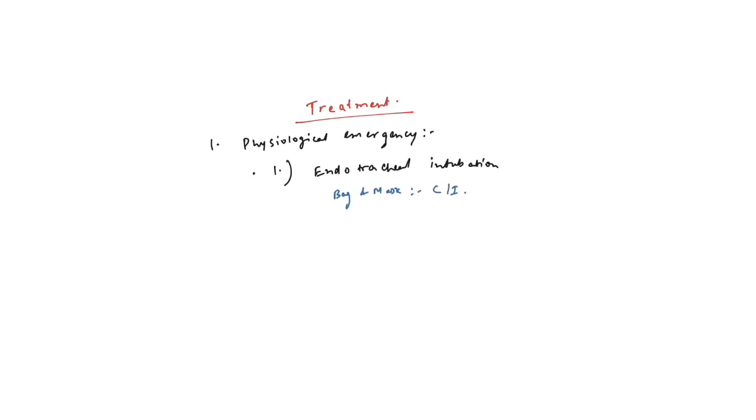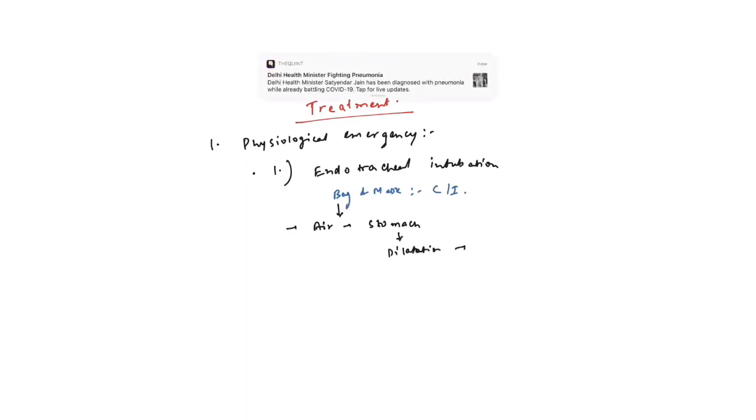Because if you do bag and mask ventilation, air will go into the stomach, because it is the pathway of least resistance, and further dilatation of the stomach will lead to pulmonary compromise, as the lung doesn't have place to expand. So first we will do the endotracheal intubation.